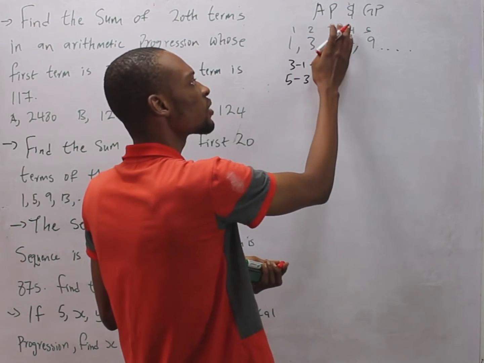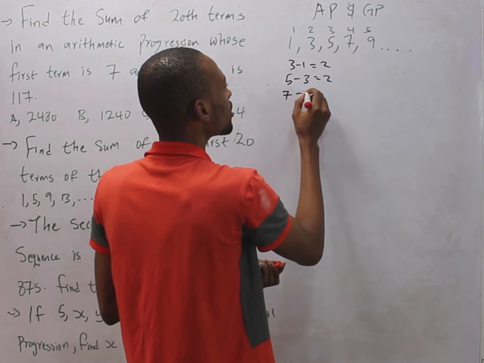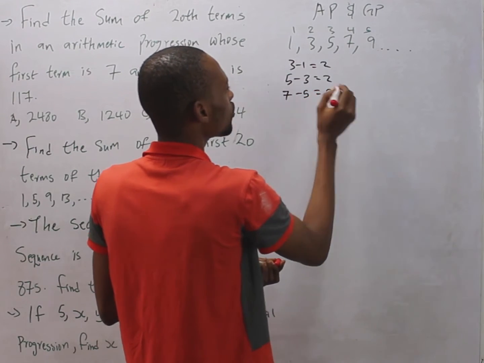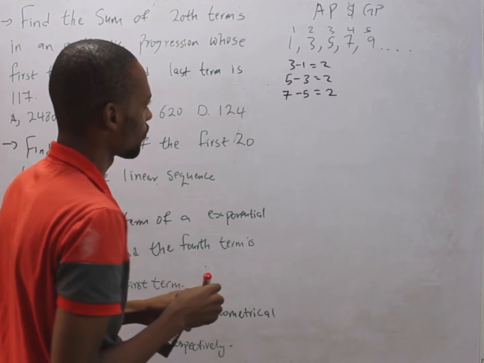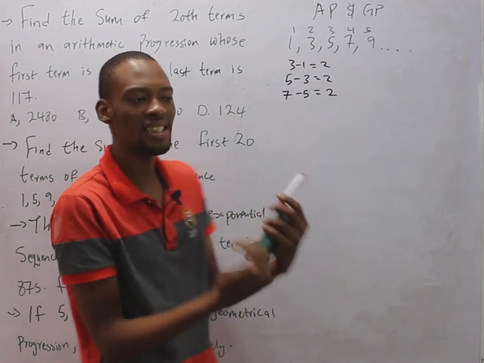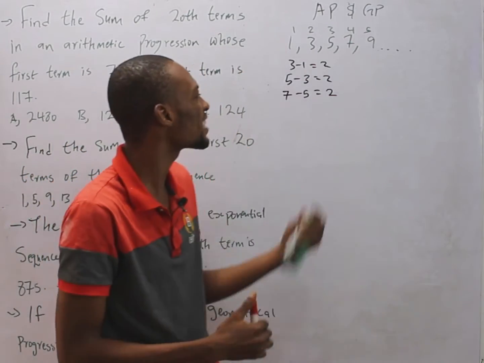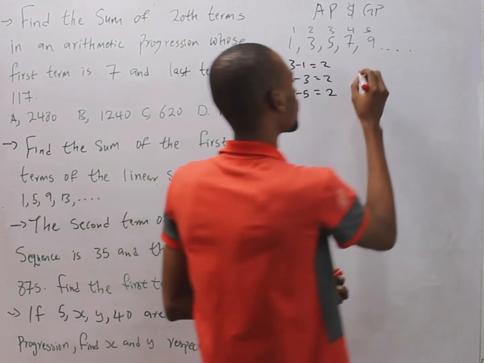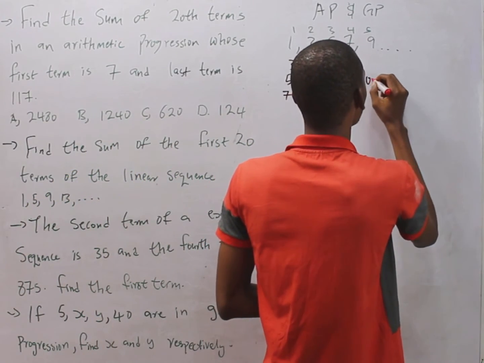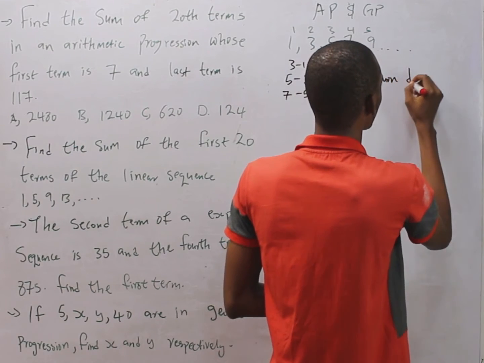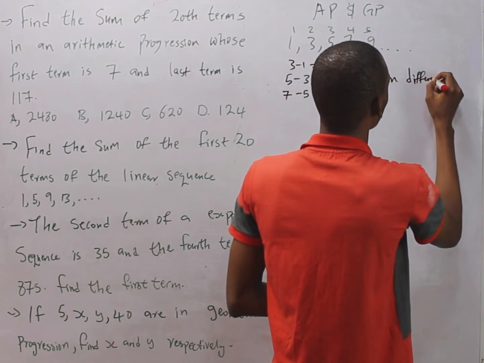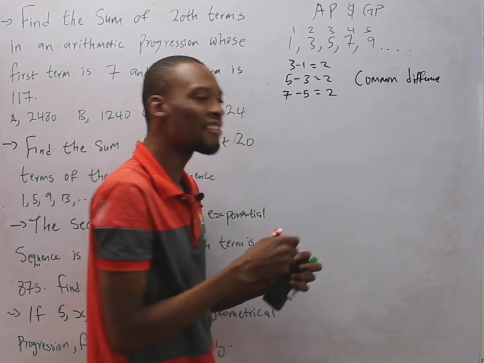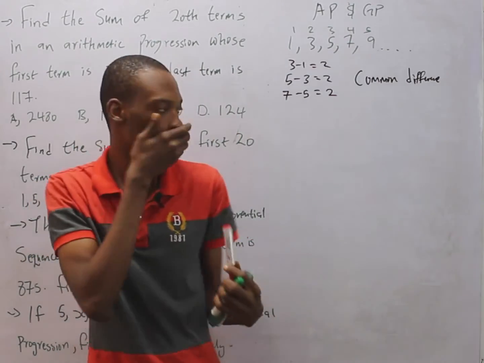The fourth term minus the third term is 7 minus 5, and that is equals 2. You see? So subtracting each of the successive terms, you get a constant answer. And this constant answer is referred to as the common difference. So we refer to this as arithmetic progression, AP.